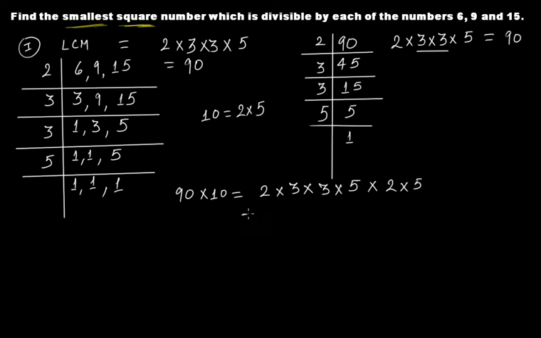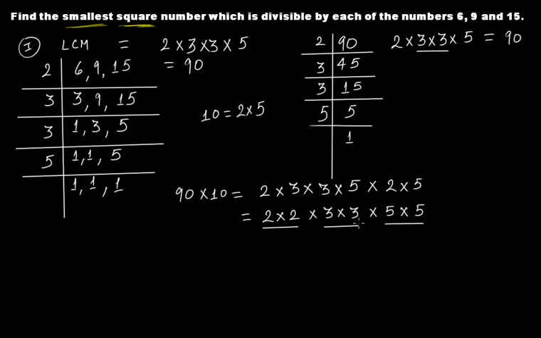Okay, so now you get 2 multiplied by 2 multiplied by 3 multiplied by 3 multiplied by 5 multiplied by 5. Okay, so you have this in pair, you have this in pair. Now this is a perfect square.